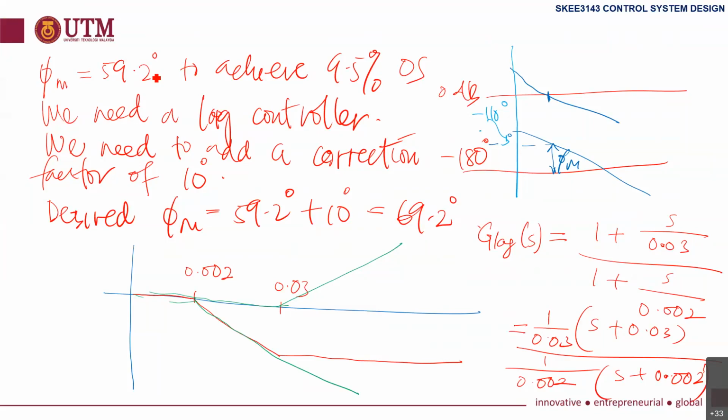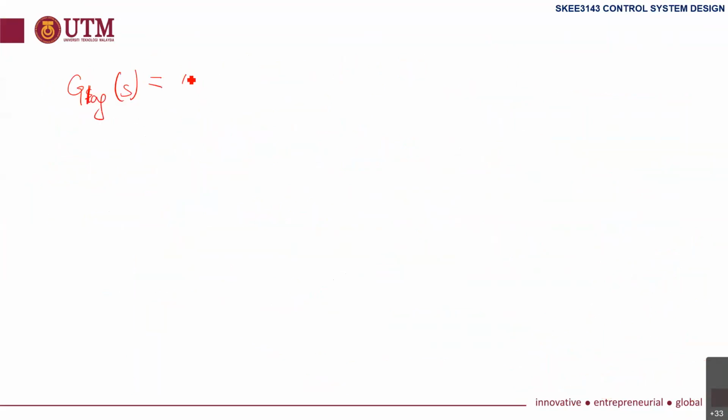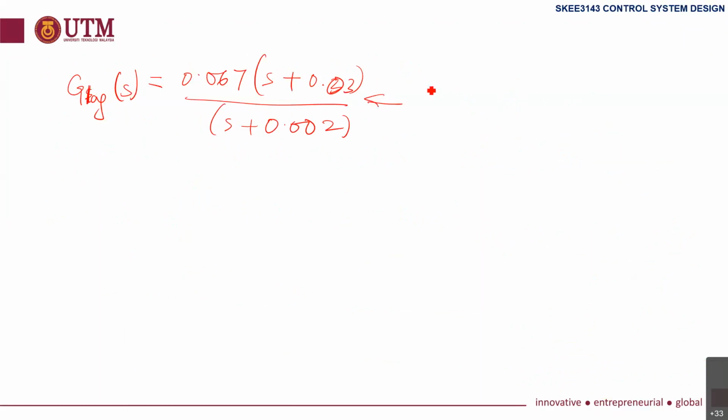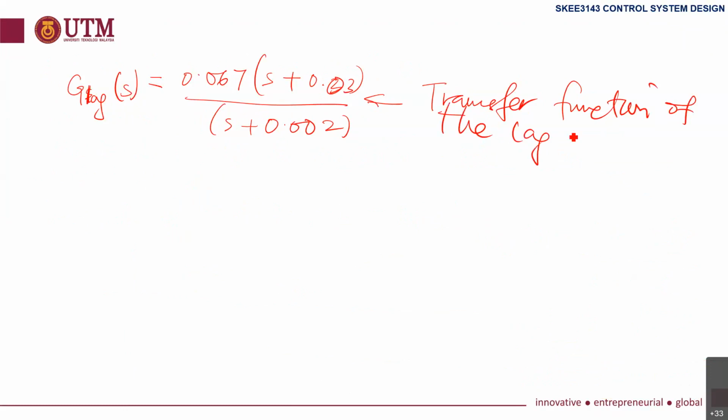Is 0.067 S plus 0.03 over S plus 0.002. So this is the transfer function of the lag compensator.